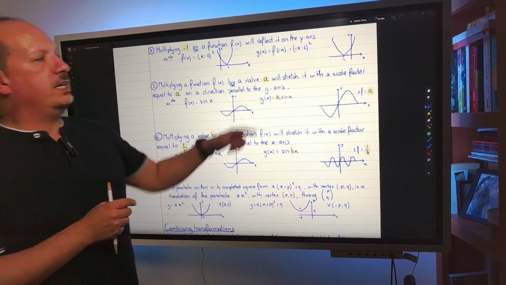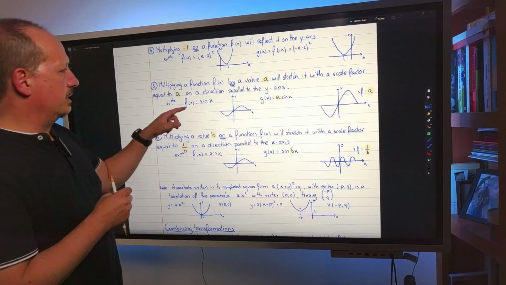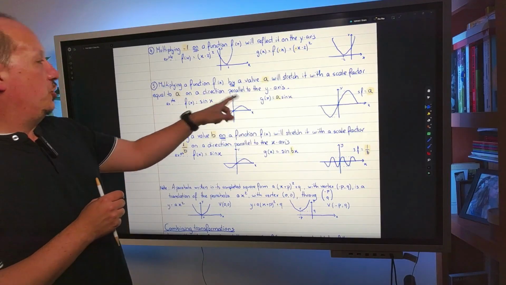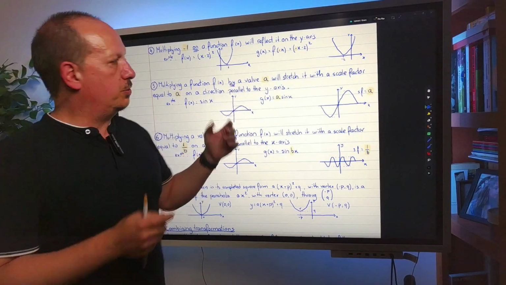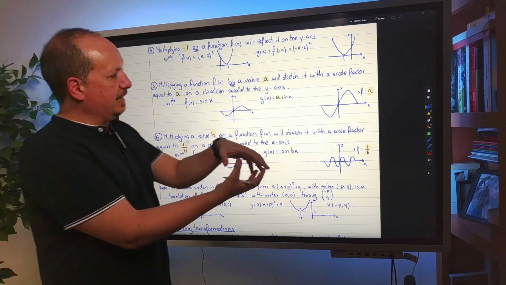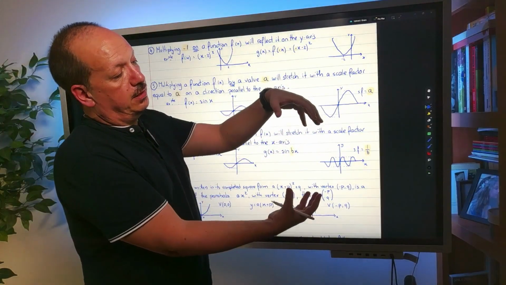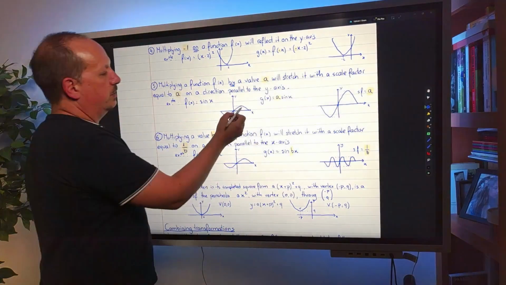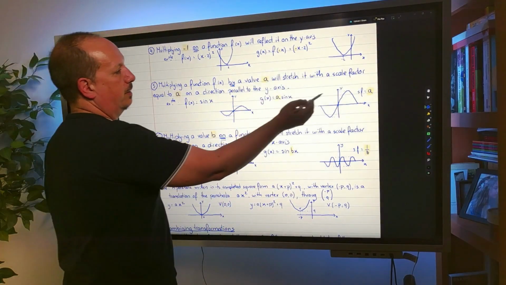So let's say that a is 2, okay? So instead of having f of x equals sine of x, you'll have g of x, it cannot be f of x, it's going to be another function, so g of x equals 2 sine of x, making this bigger vertically with a scale factor 2, basically 2 times as big. So if this over here was 1, now it will become 2.